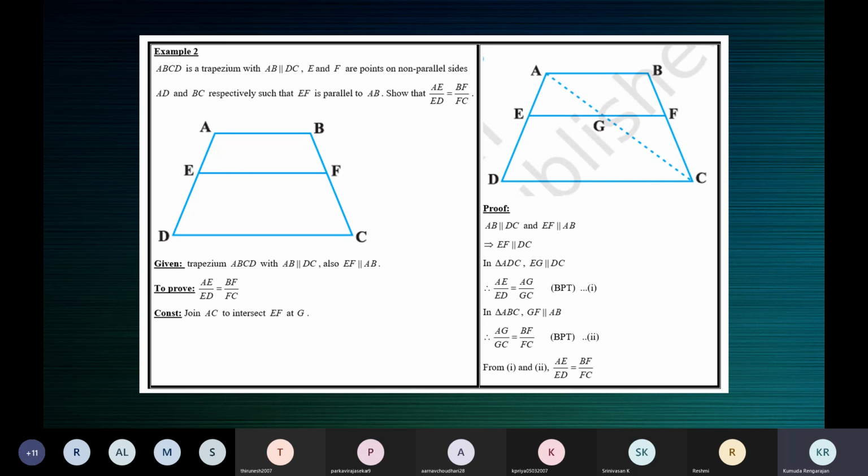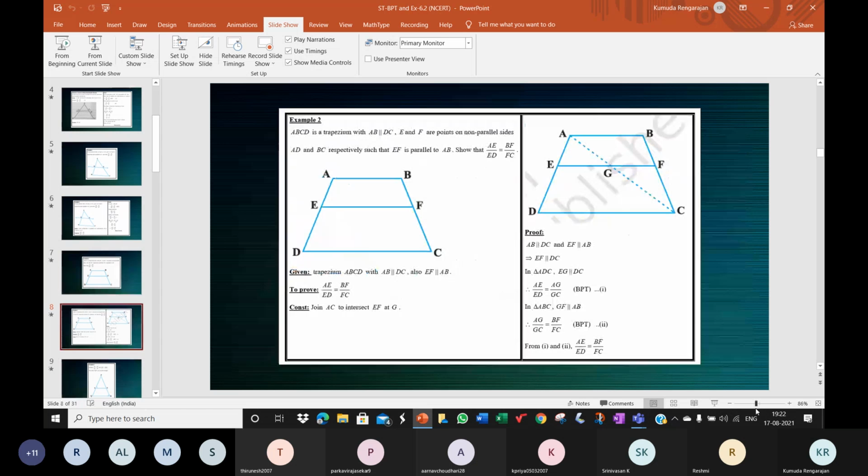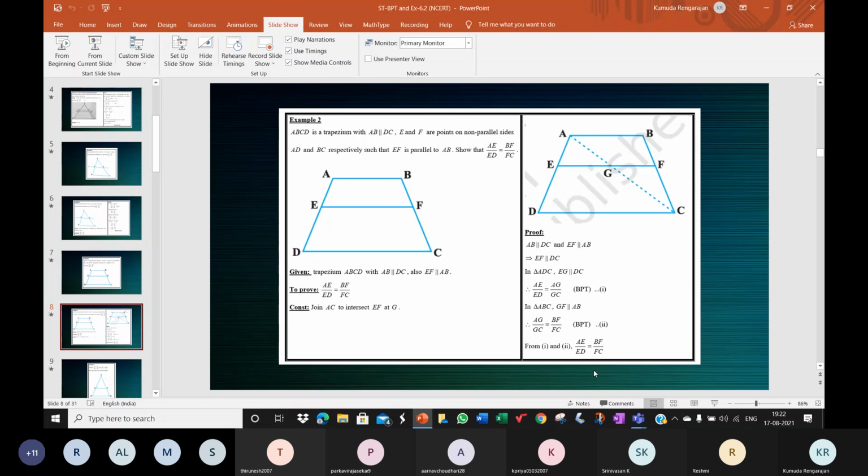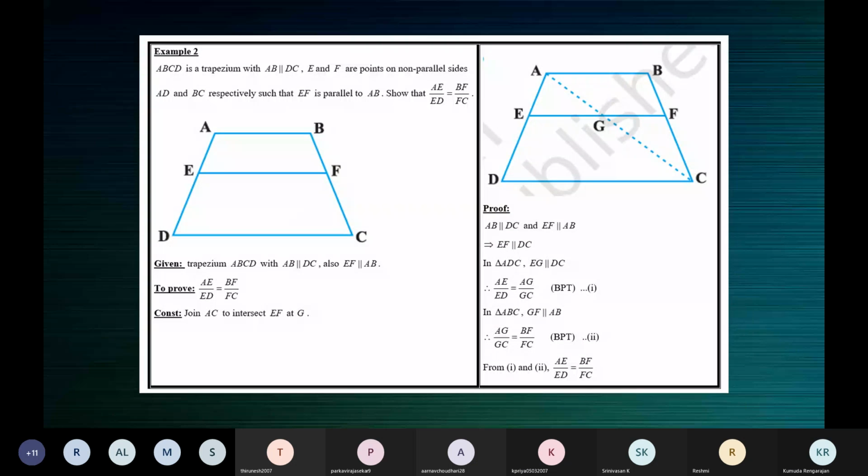Where are the others? Am I audible, children? Is my voice clear? Yes, ma'am. Okay. Now I want Tirunesh also to participate. Parkavi answers. Arnav. Yes, others.